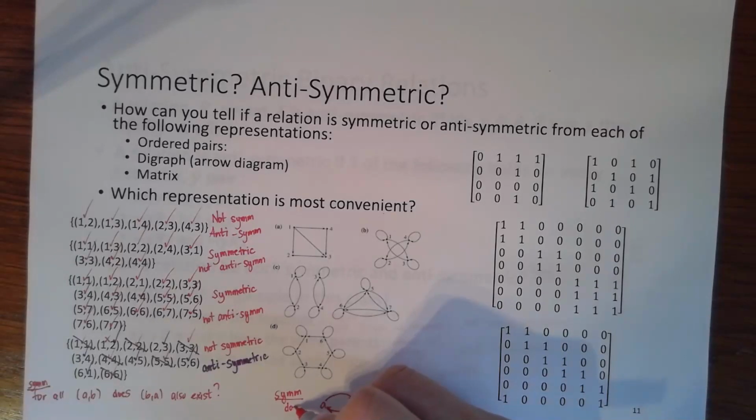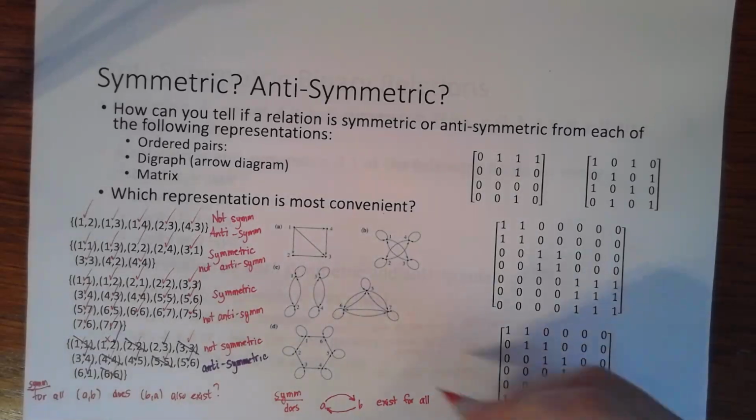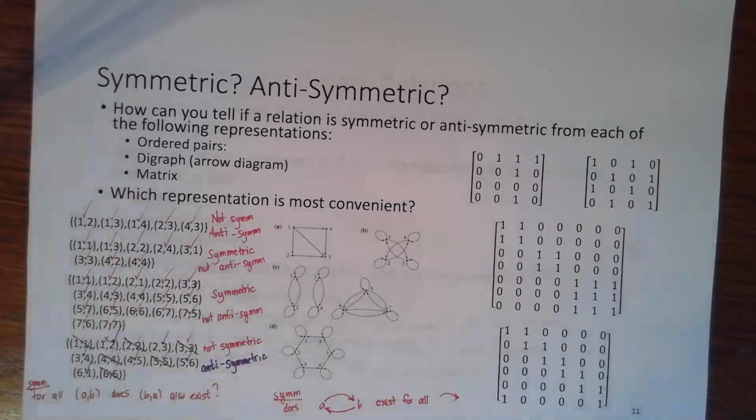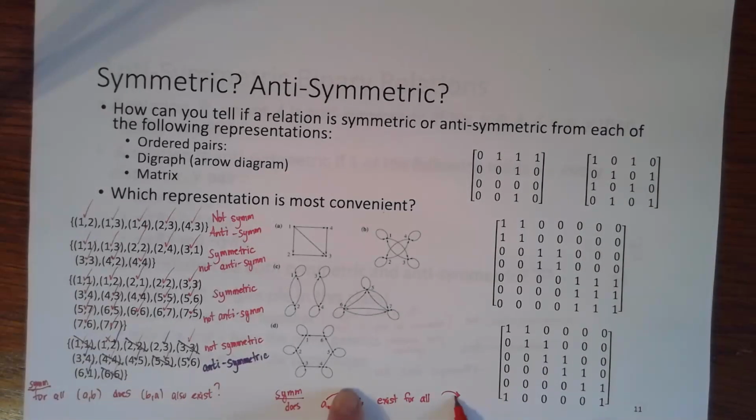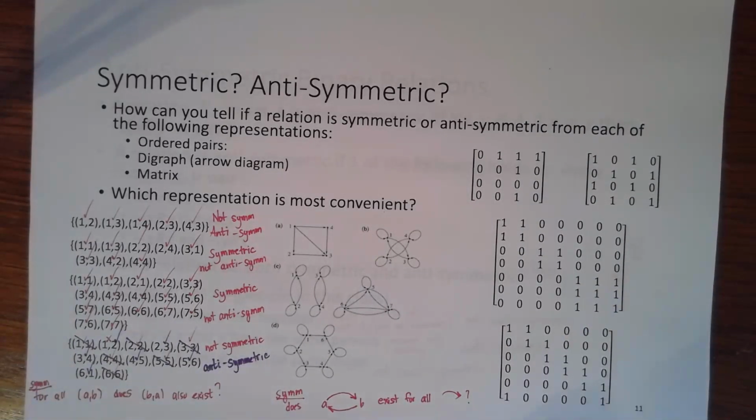Okay, so does this configuration exist for all edges? All right, so if I find an edge like that, is there a matching one coming back in the other direction? That's the question.